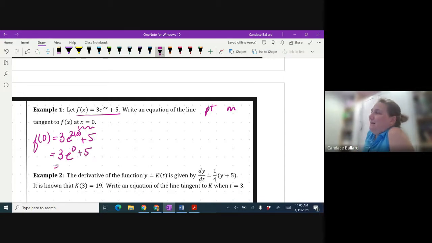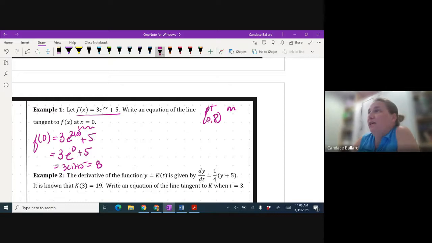What is e to the 0, or really anything to the 0 power? All right, it is in fact 1. So I really have 3 times 1 plus 5, which is just 8. So I know that my point is (0, 8).